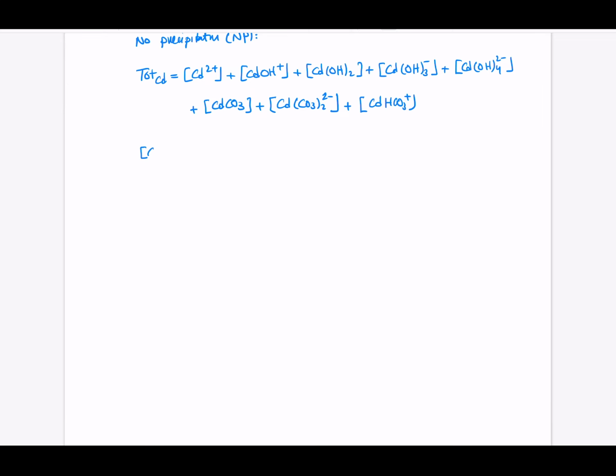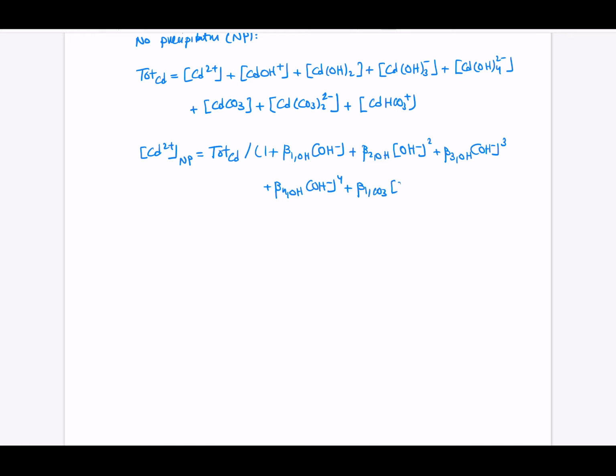Then we can calculate the concentration of cadmium 2 plus. Since this is no precipitation, we can use this in P. Then it would be total cadmium divided by 1 plus beta 1 hydroxide OH minus, beta 2 hydroxide, beta 3 and beta 4. And the last one.